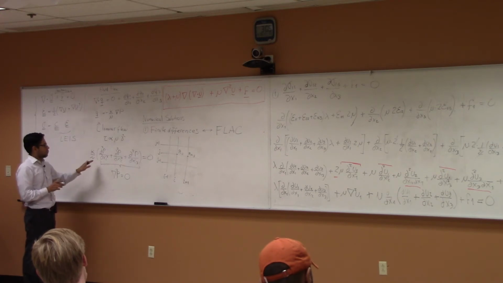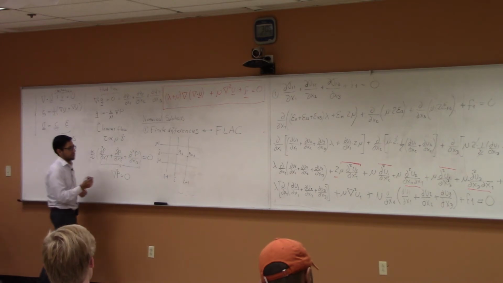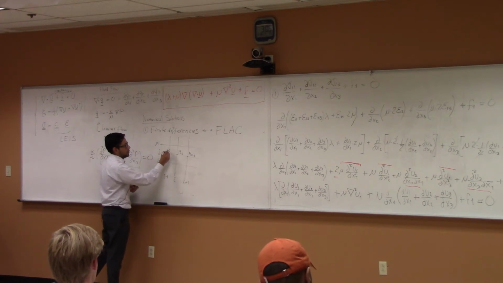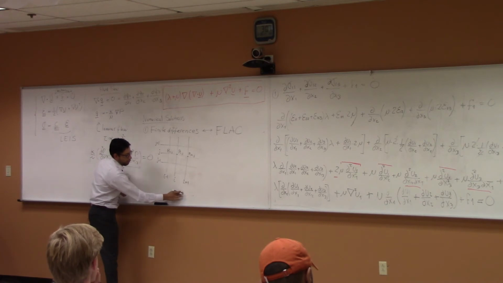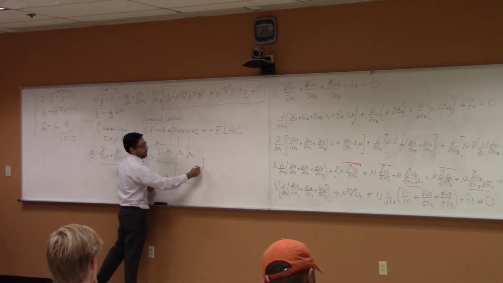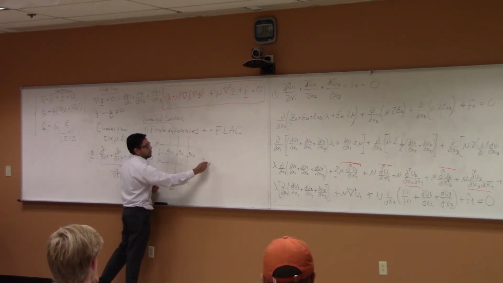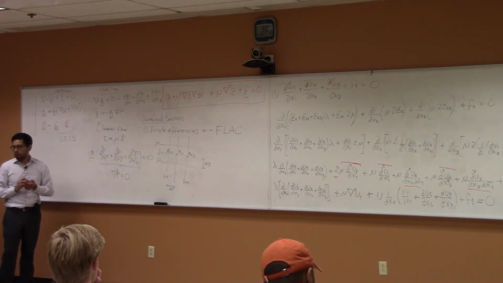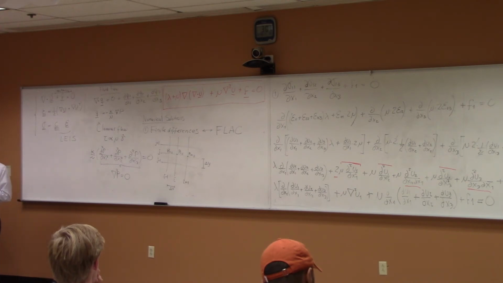So how do I express a second derivative in finite differences? Let's say that this is going to be Pi minus 1 J. I'm going to go further on and call this difference in I delta X, and the difference in the grid in J delta Y. What is a second derivative in this case?